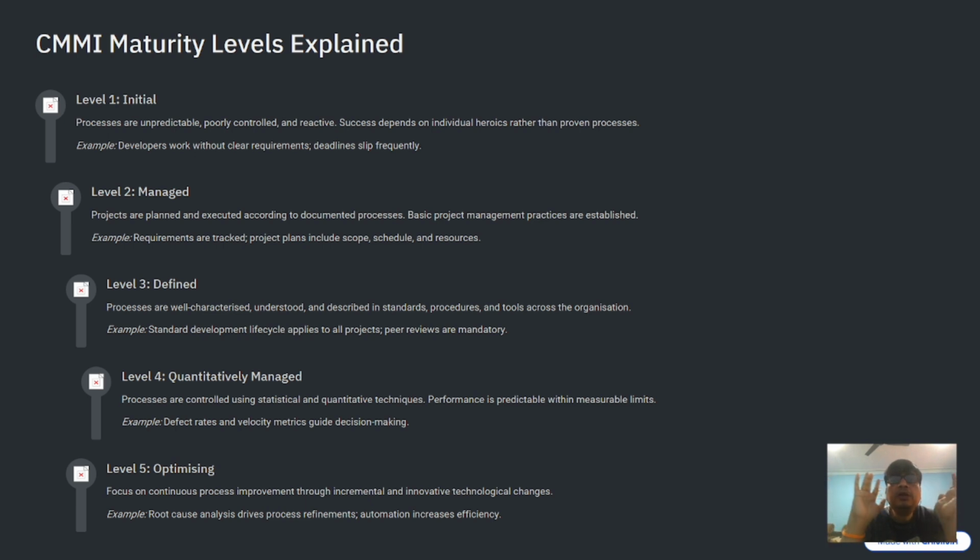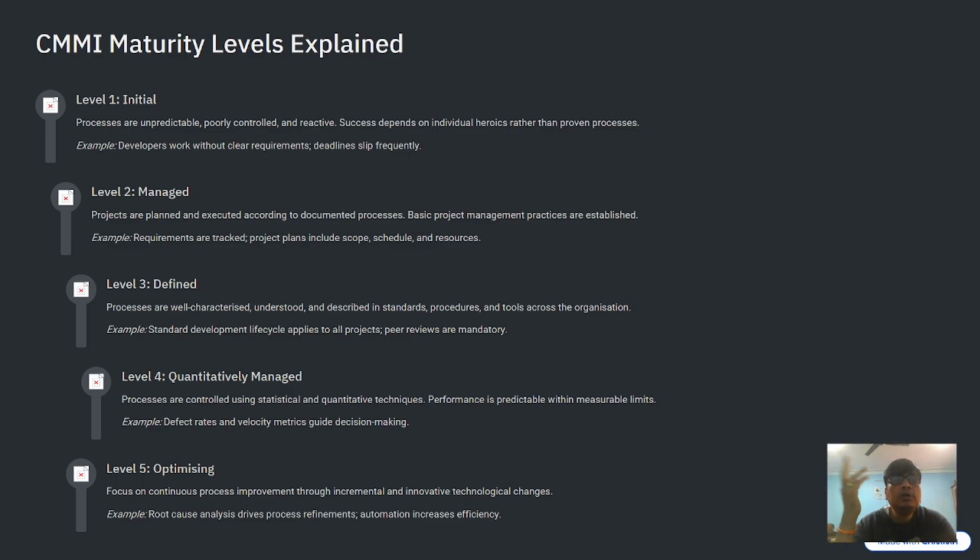So ultimately, what will be the result? We will slip the deadlines, and the things which are developed will go in the wrong way. These are the outputs of the initial level of the maturity model. So we have to take actions to go to the next level.